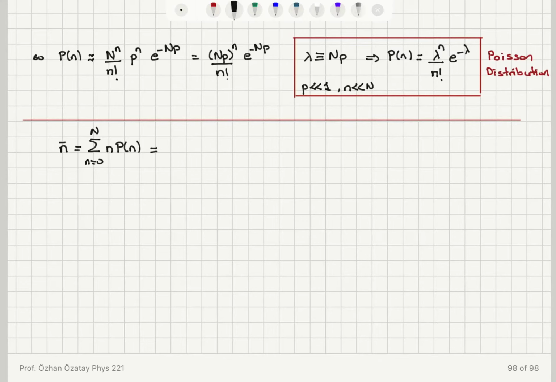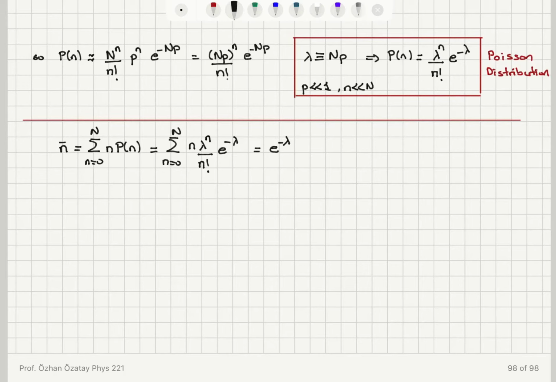So I'm assuming that the Poisson distribution applies in this limit. I have p much less than 1, n much less than capital N. So this is going to become summation from n equals 0 to capital N, n lambda to the power n over n factorial, e to the minus lambda. Now this e to the minus lambda does not have an n term in it, so I can take it out of the summation.